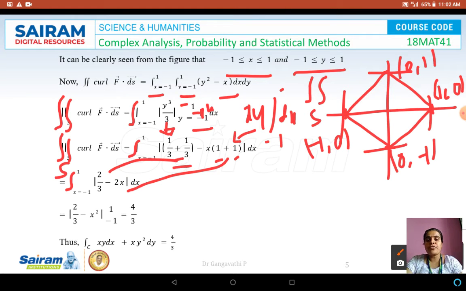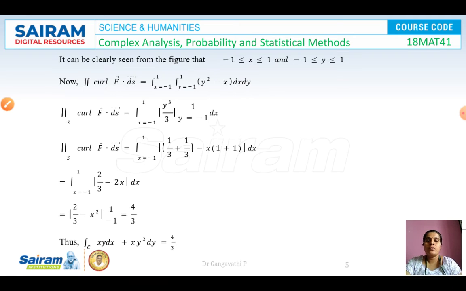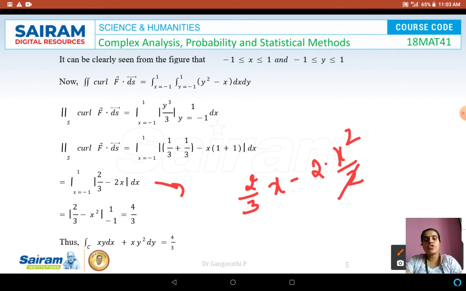Now let us perform the integration with respect to x. The integral of this term is going to be 2 by 3 into x minus 2 into x square by 2. When we perform the integration, this 2 and this 2 get cancelled.